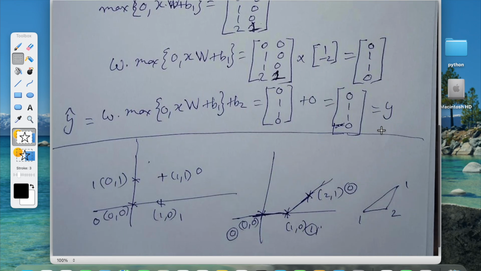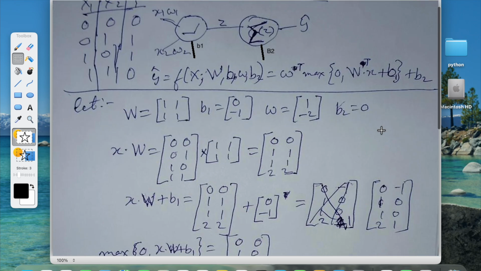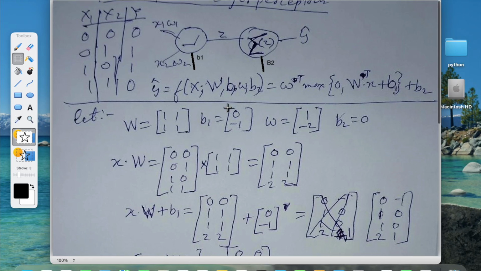So what has really happened over here? If you want, you can perform this entire thing and see that it actually holds true. What happens over here is that the ReLU function is a crucial point where our function actually converts into the solution.